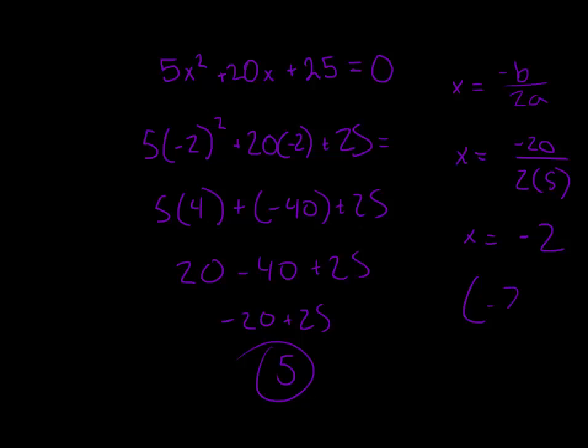Which means our vertex is at (-2, 5), and our vertex form is y equals the value of a times (x plus 2) squared plus the y value of the vertex. All you had to do to solve number 1 was write it in vertex form.